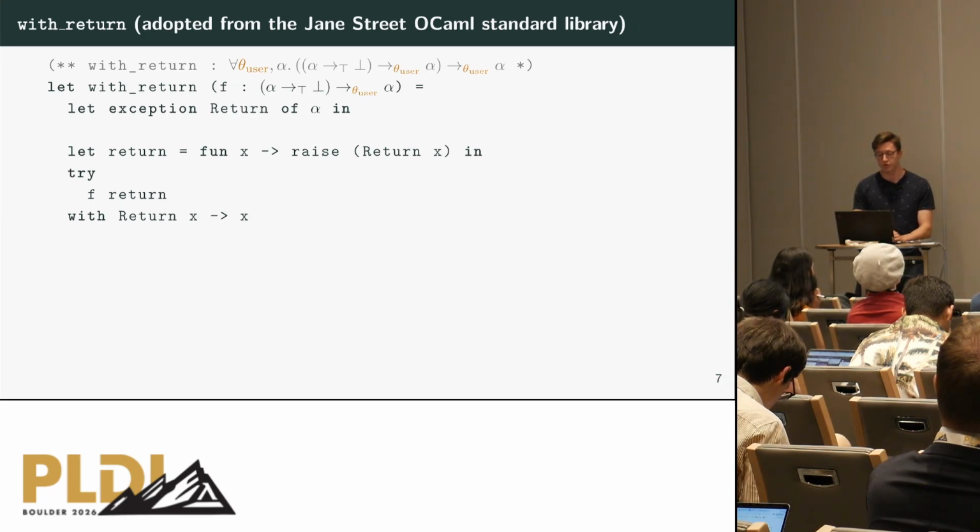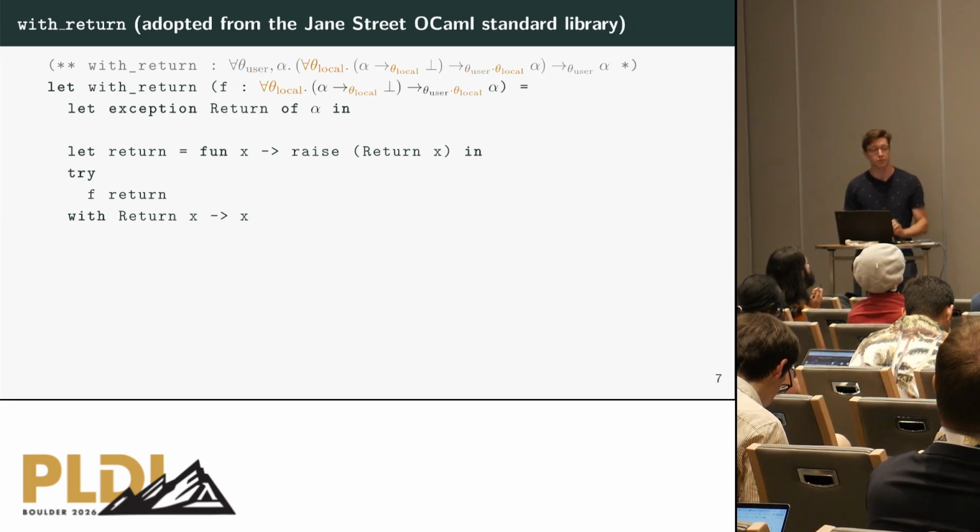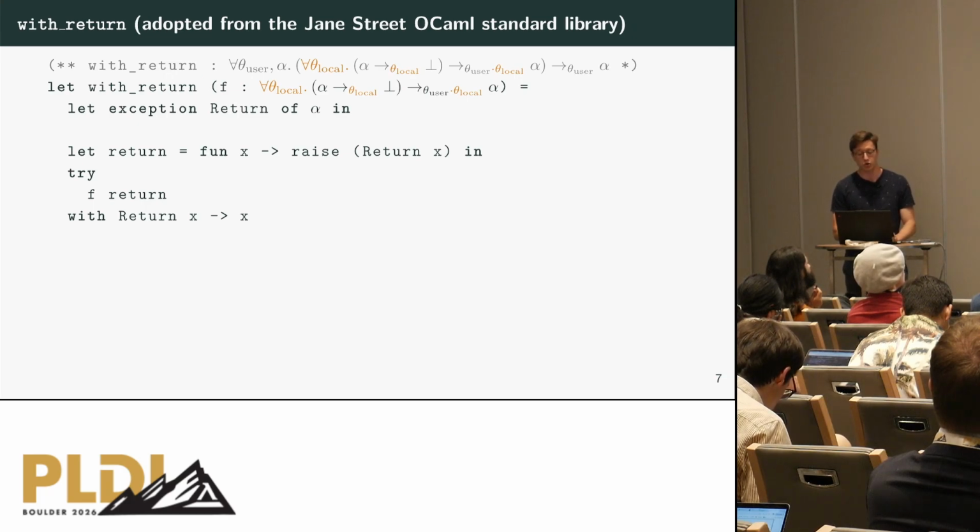So we circumvent this by providing this exception to the user as a rank 2 quantifier. So the user gets given a row theta local, which can be seen as the permission to use this return function, and it's given to the user since it's now a rank 2 quantifier.